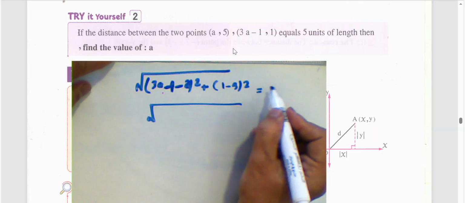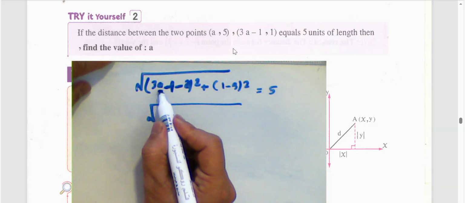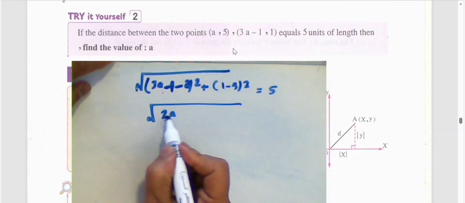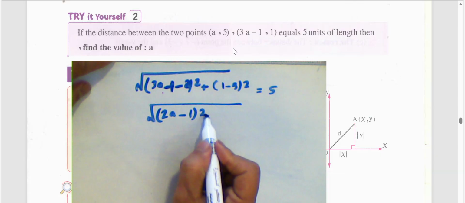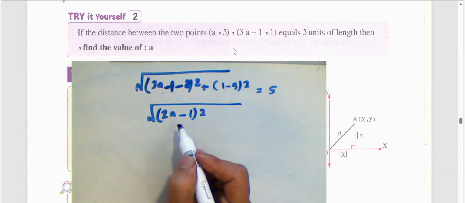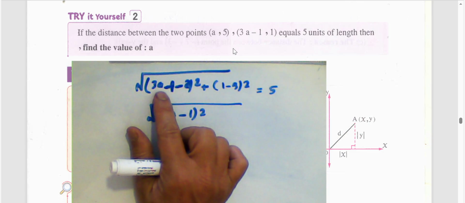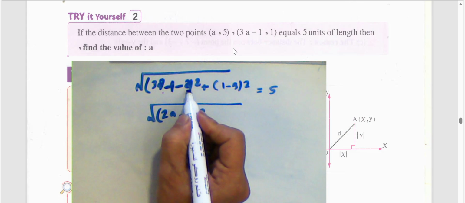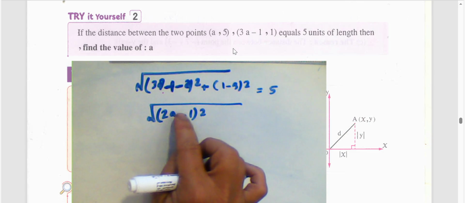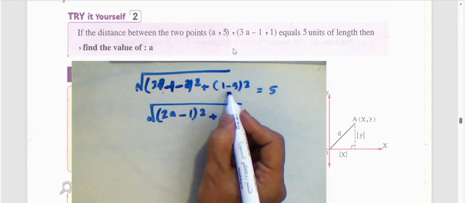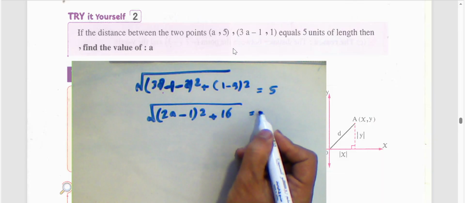The distance was 5 units. Look at here, 3a minus a will be 2a, minus 1, all power 2. But you must change the sign. Okay, 3a minus 1, understood? This is 3a minus 1 minus a. 3a minus a will be 2a minus 1 all power 2 plus 1 minus 5, negative 4 power 2 is 16. The result will be 5.